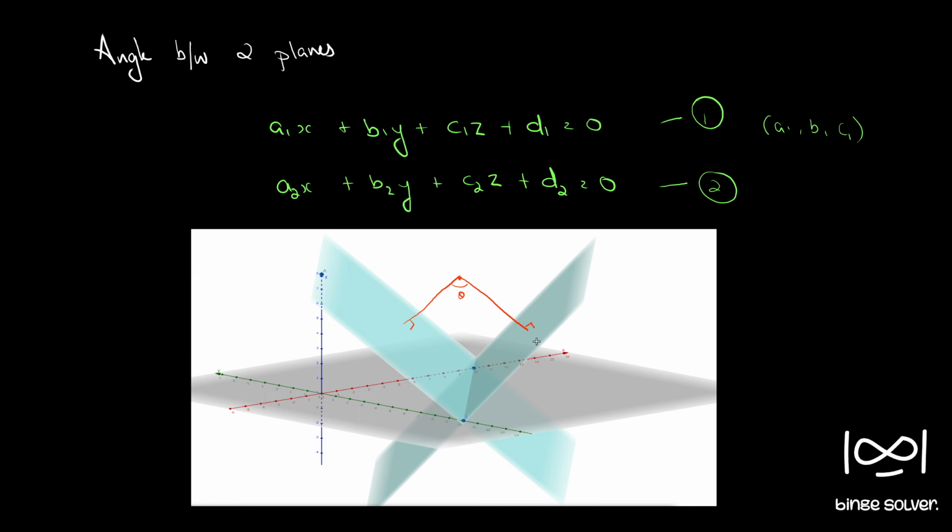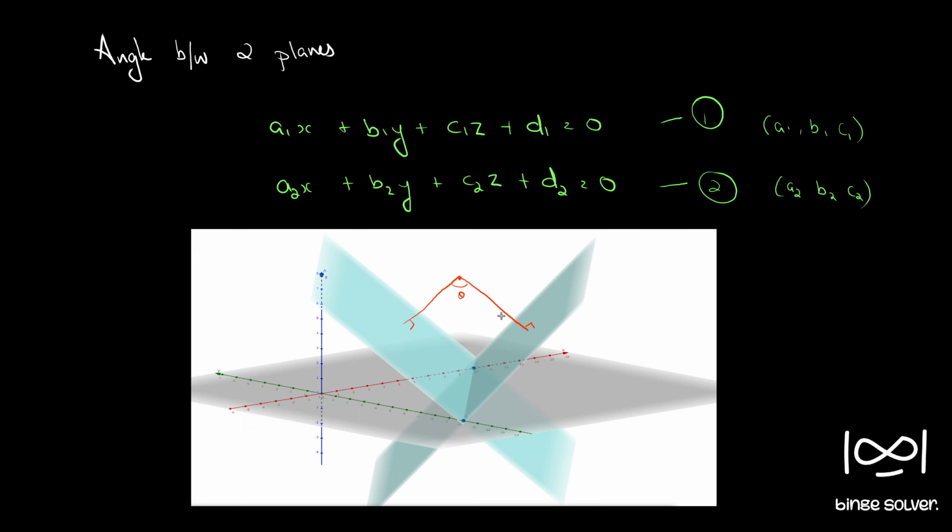Similarly, direction ratio of normal to plane 2 will be a2, b2 and c2. So direction ratio of this line will be a1, b1, c1, and direction ratio of this line will be a2, b2, c2.